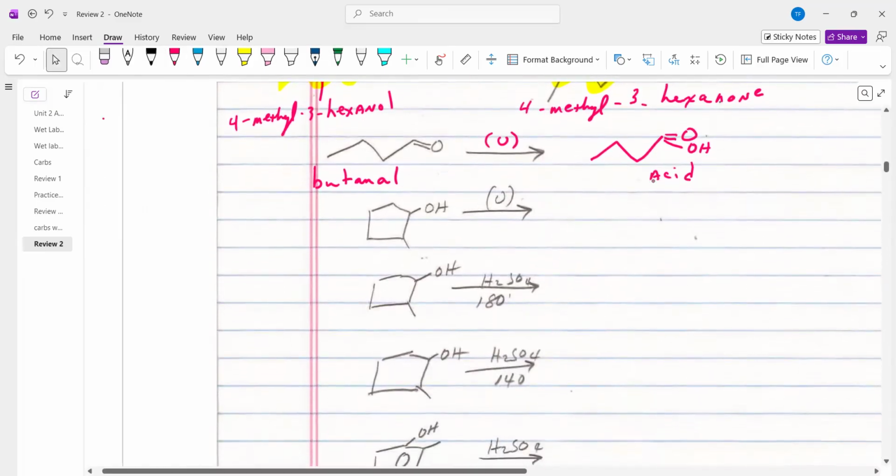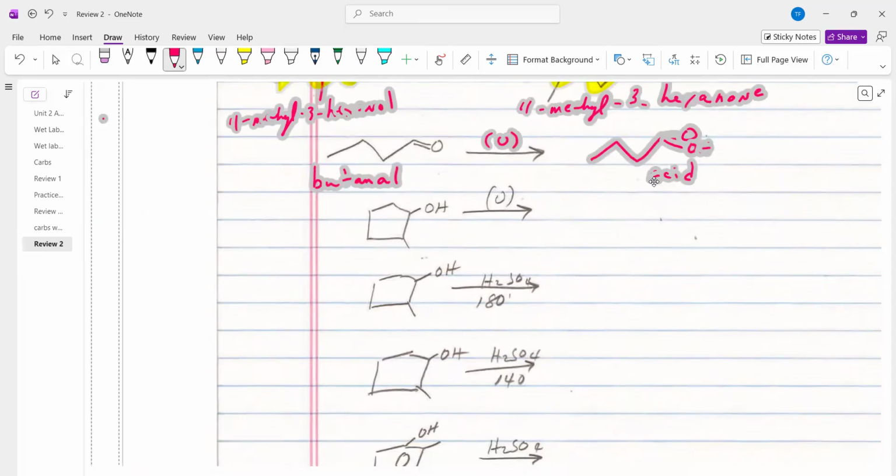Okay, here we have a secondary alcohol oxidized to a ketone.